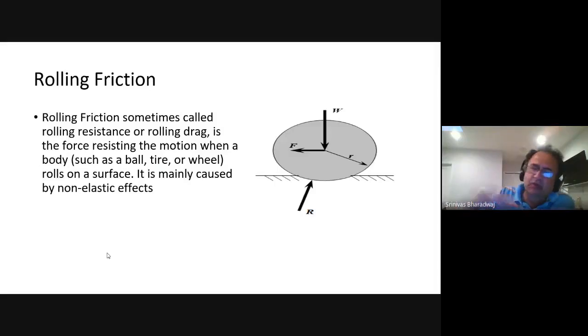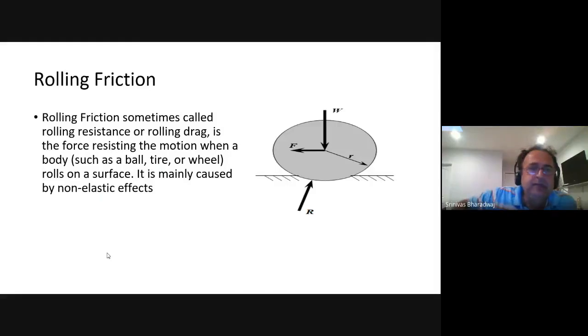Okay, when something is rolling, it just touches the ground a little bit, tuck, tuck, tuck, and if there is minimal resistance, it will just roll all the way. Of course, if there is a lot of grass, the grass will add to the rolling friction, right? But otherwise, rolling friction is very minimal.